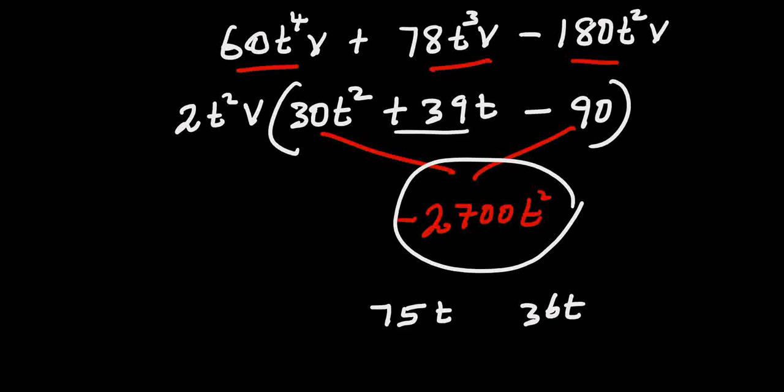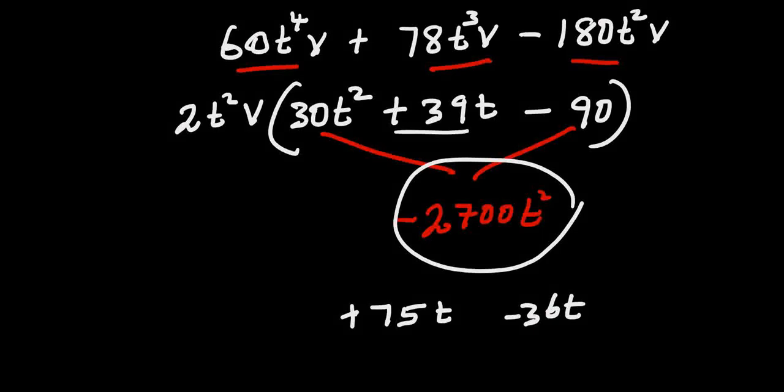So if we assign positive to this, we can also assign negative to this. So the sum of 75t and negative 36t would be 39t.